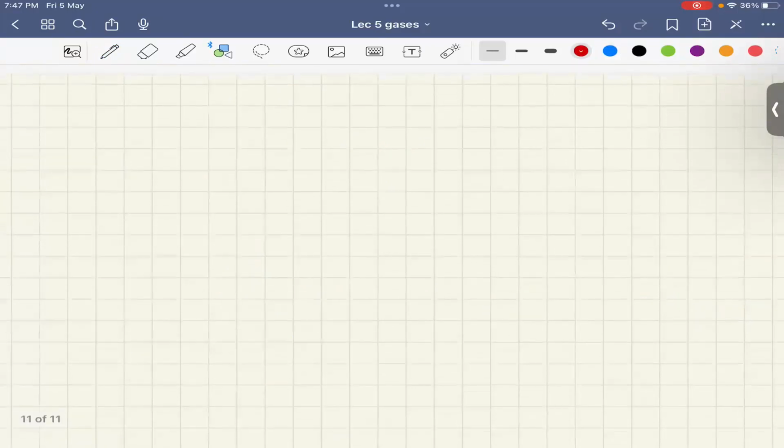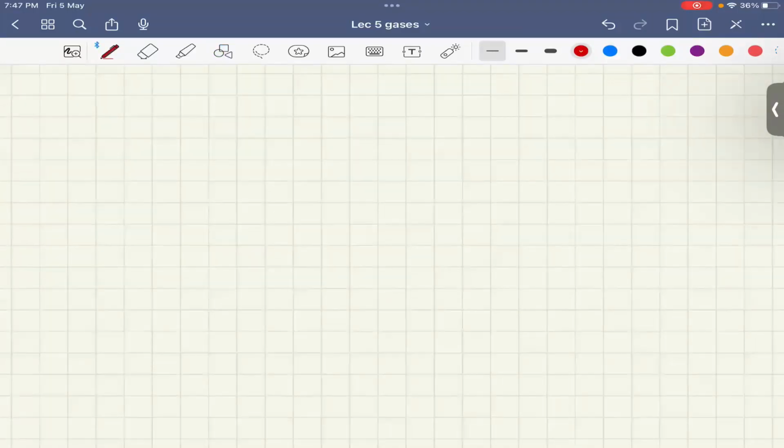The next thing we are going to study is Dalton's law of partial pressure. What does this law tell?